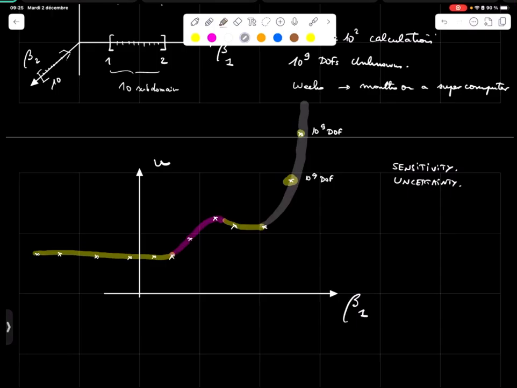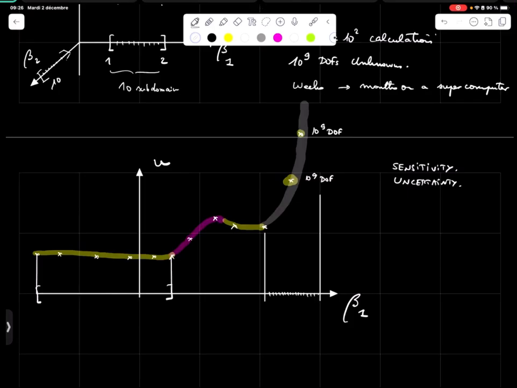You can imagine that maybe you would need more points. If you need a good representation of that curve, you can immediately see that in the region I'm drawing now, you're going to need a lot more density of these evaluations than in this region here, where absolutely nothing happens and it's completely boring, because there is almost no variation of the quantity of interest u with respect to the parameter beta 1.